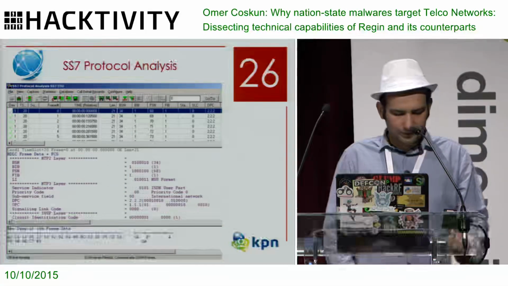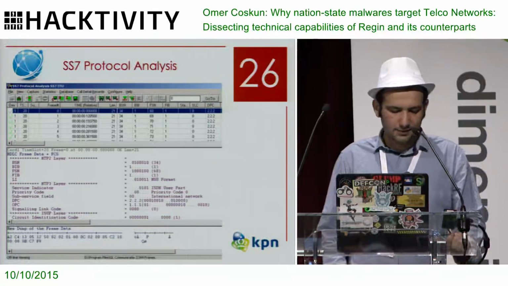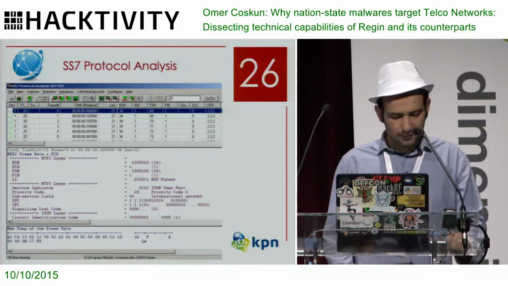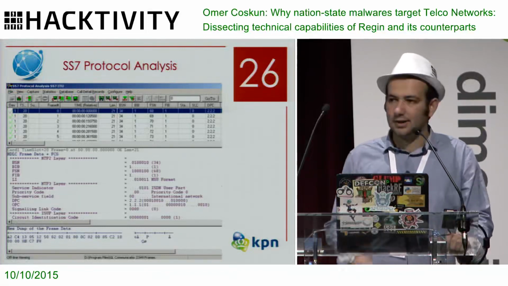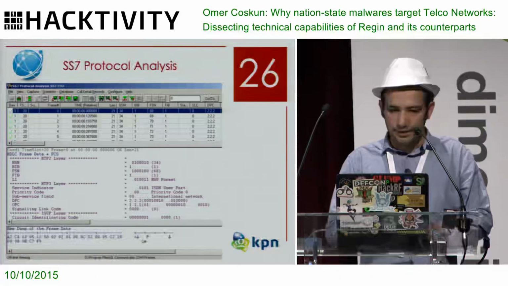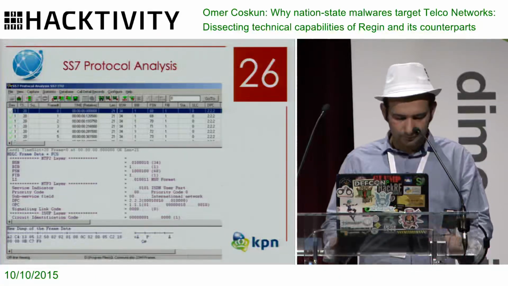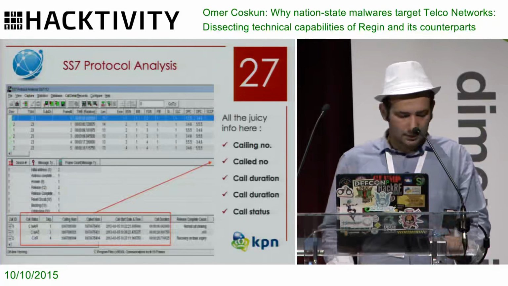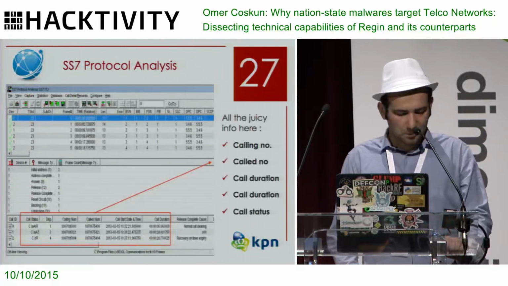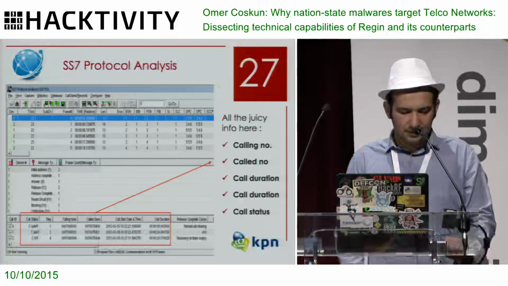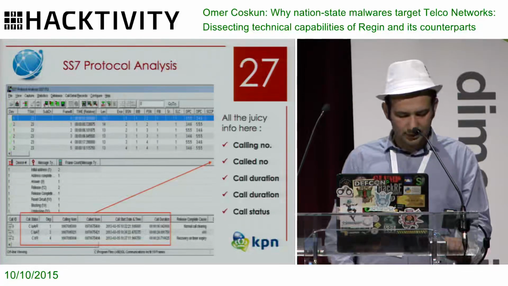There are various ready-to-use tools available for SS7 experimentation. One of them is an SS7 analysis tool that I use during my research. As a part of the Regin malware attack surface analysis, we performed a network traffic analysis over the SS7 protocol.